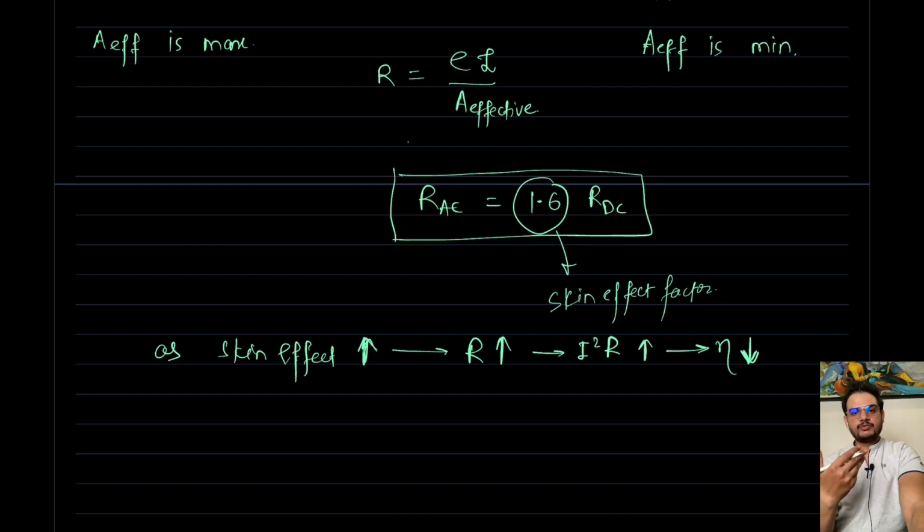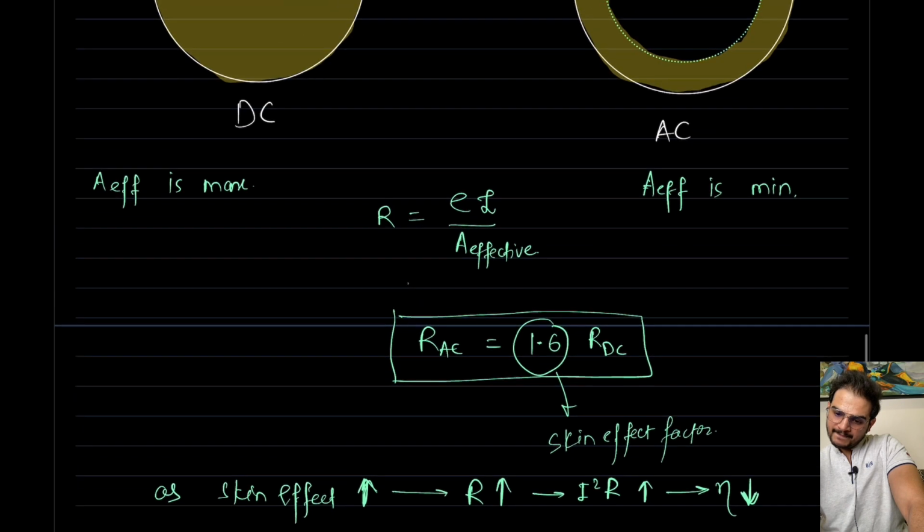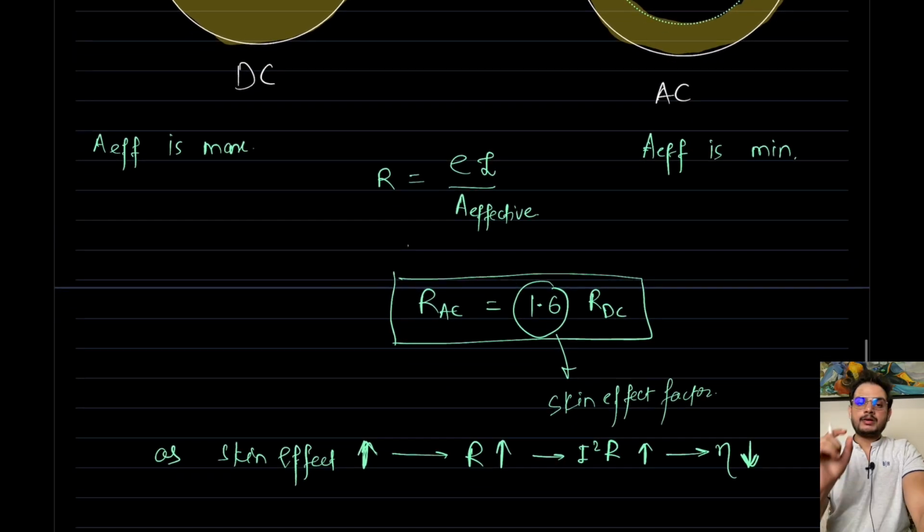Then voltage regulation will increase, efficiency will decrease, losses will increase. These are all the disadvantages of my skin effect. That is the reason my skin effect is not advantageous for the system.